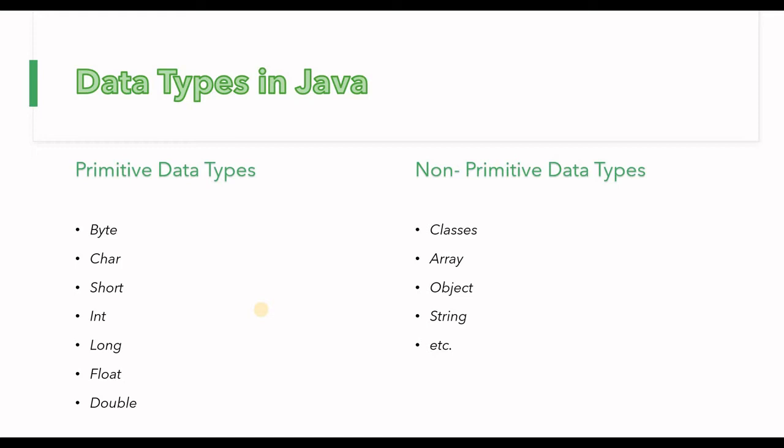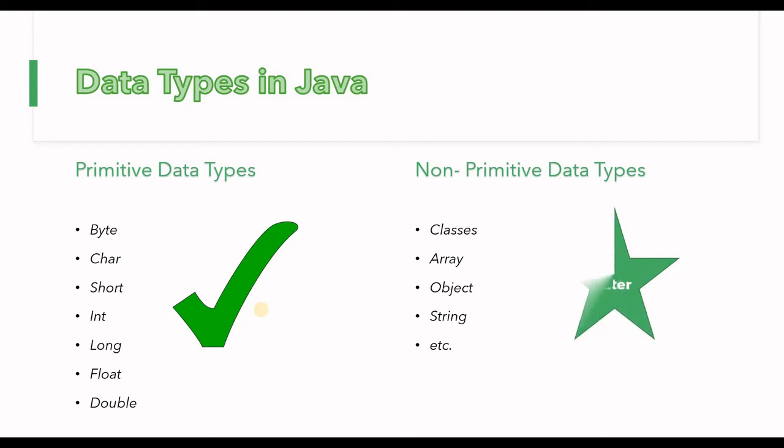While non-primitive data types have classes, arrays, objects, strings, etc. But we are not going to deal with the non-primitive data type. We'll be dealing only with the primitive data type for now. We will see only the strings in this video, while the others will be done in the later part of the course.